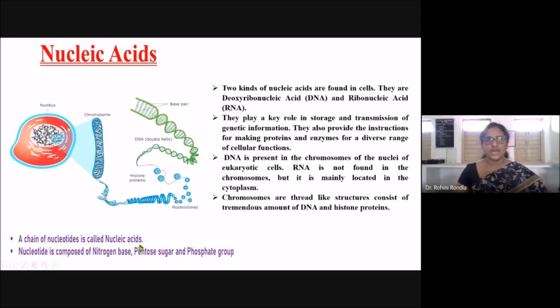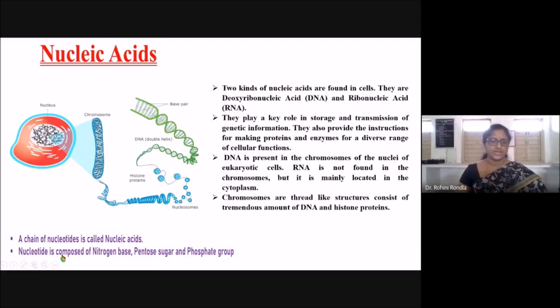And nucleic acids are composed of nucleotides. A chain of nucleotides together is what we call nucleic acids. Then what is a nucleotide? A nucleotide is composed of three components: nitrogen base, pentose sugar, and phosphate group.